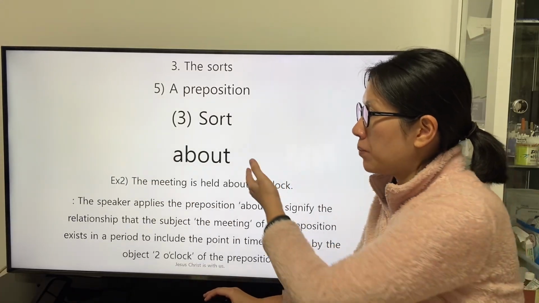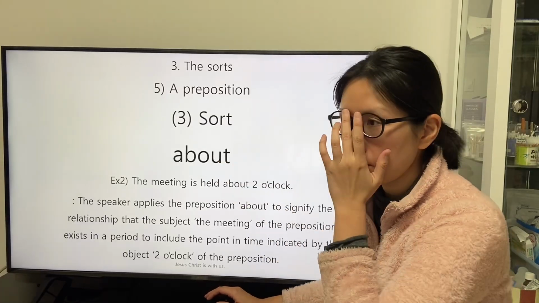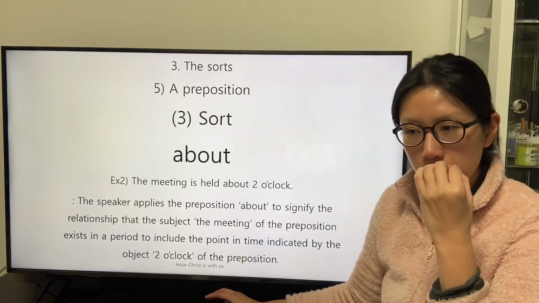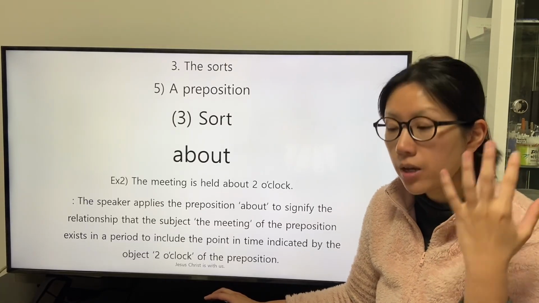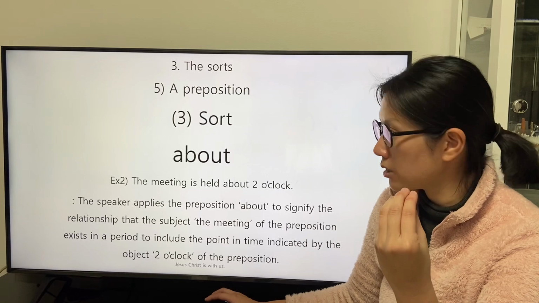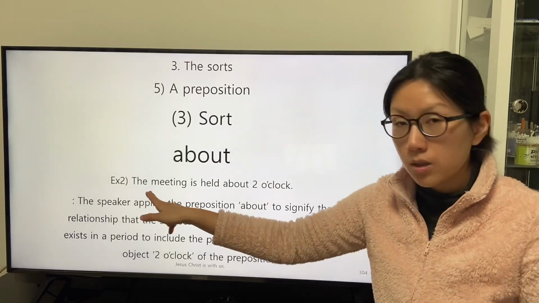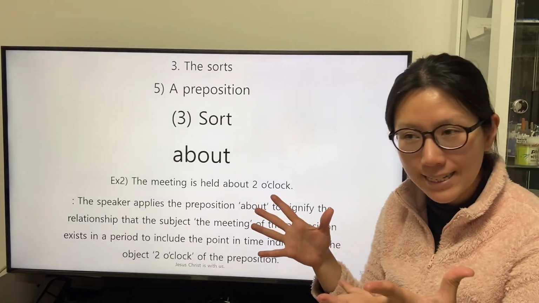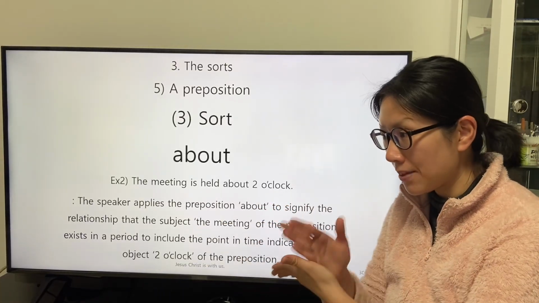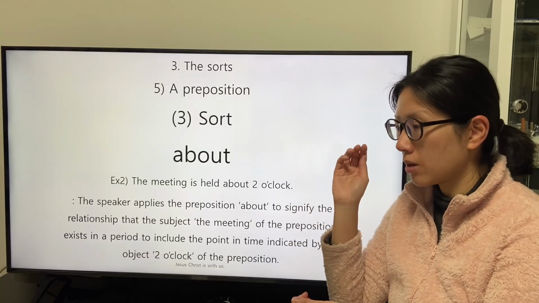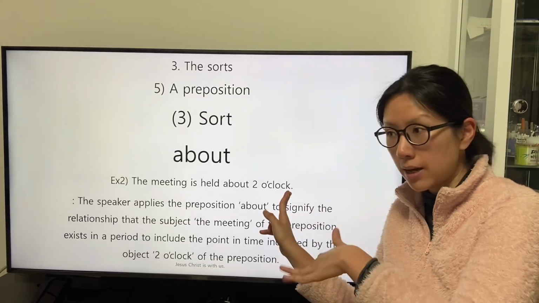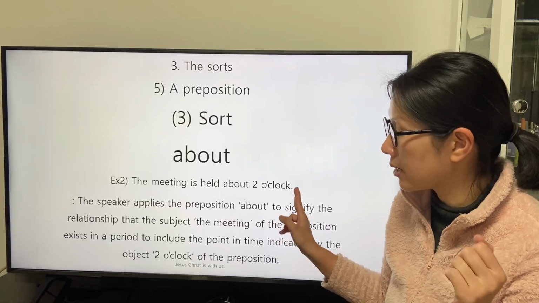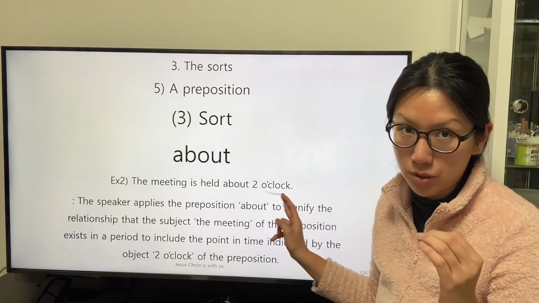The definition of the preposition about is the speaker admits that the subject of the preposition, the meaning, can exist at the same point in time or the place as the object of the preposition.